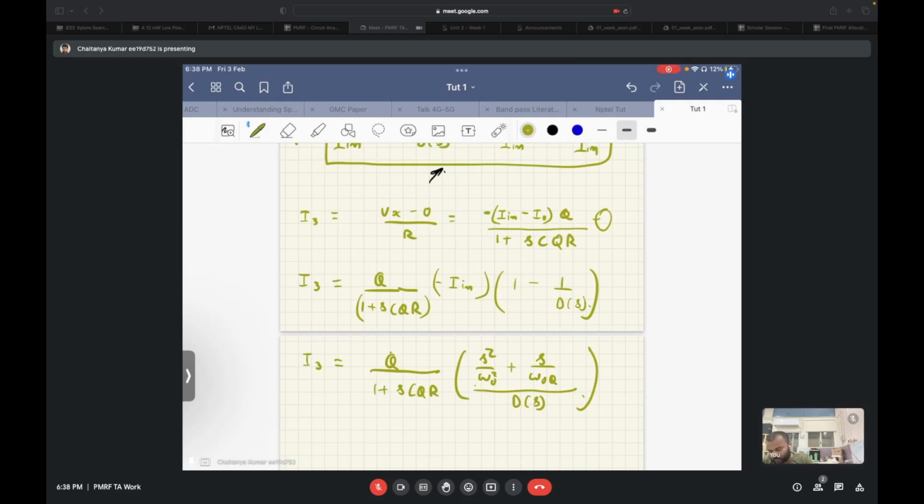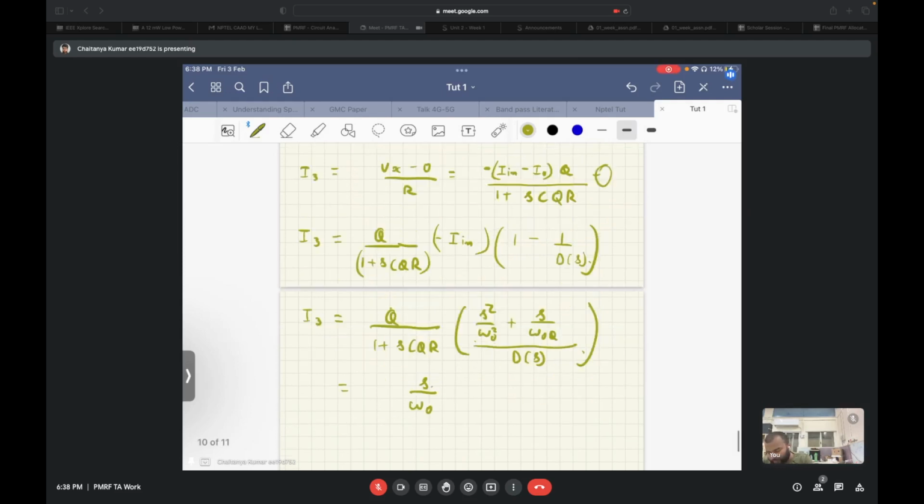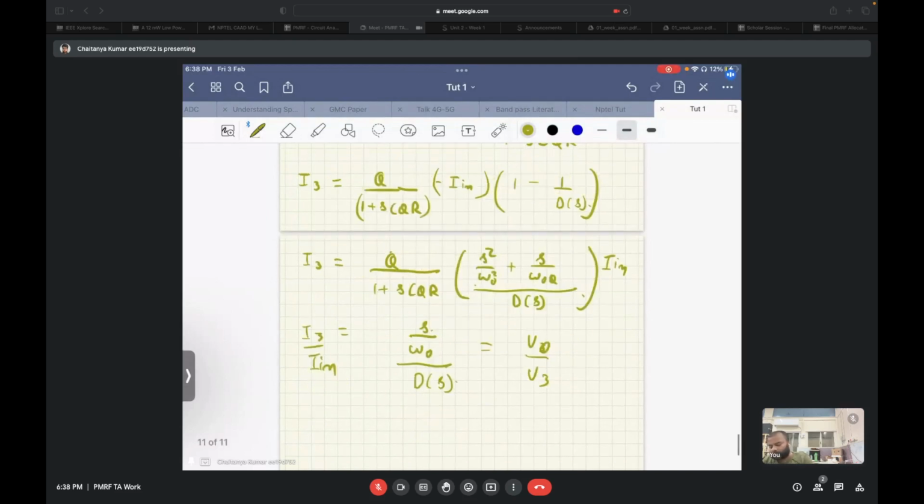And if we take S by omega naught Q as common, we get S by omega naught divided by D of S as the transfer function, and this is I3 by I in, and this is equal to V out by V3 as well.